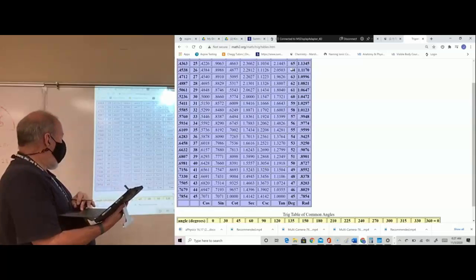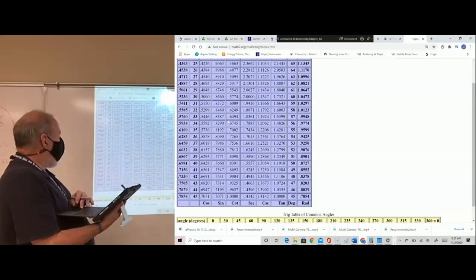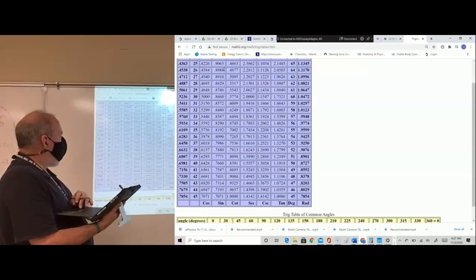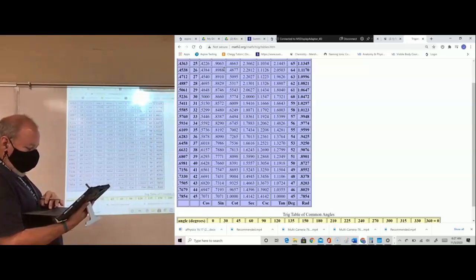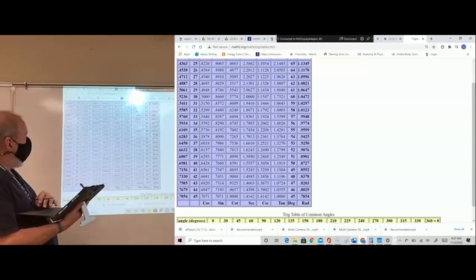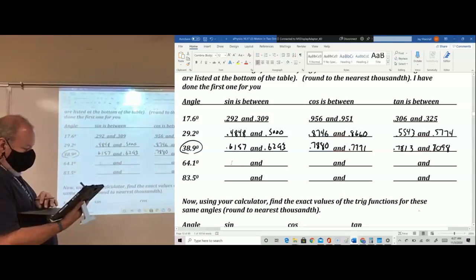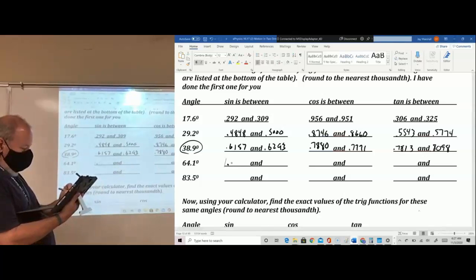For the sine, I have to go down here and look for that value. So 64.1 is between 0.8988 and 0.9063.